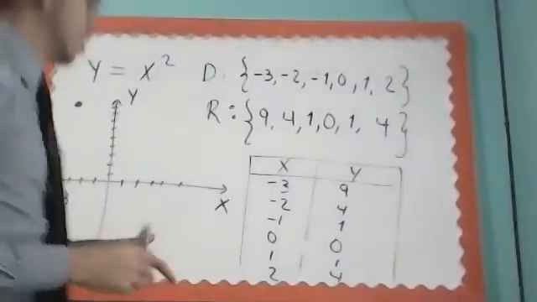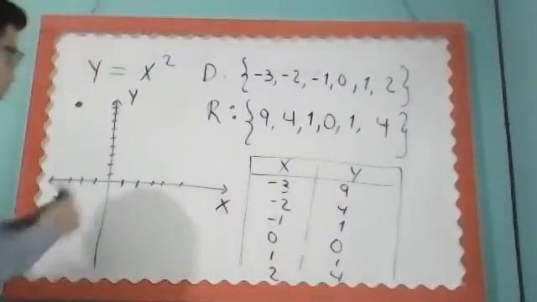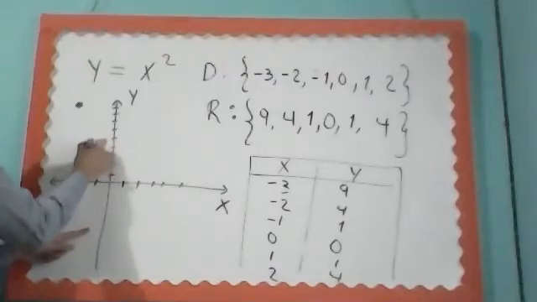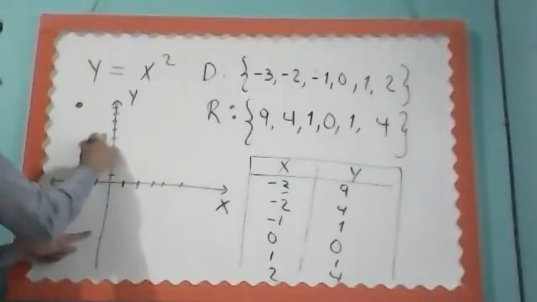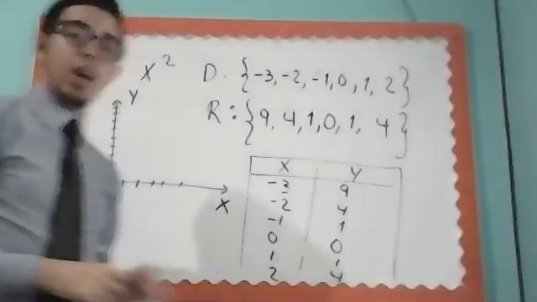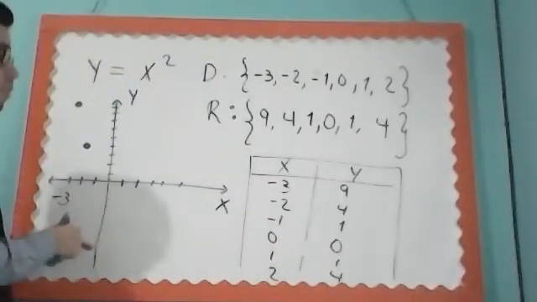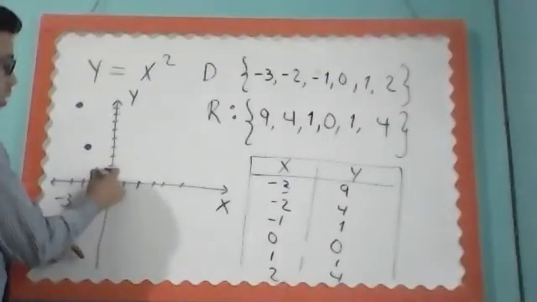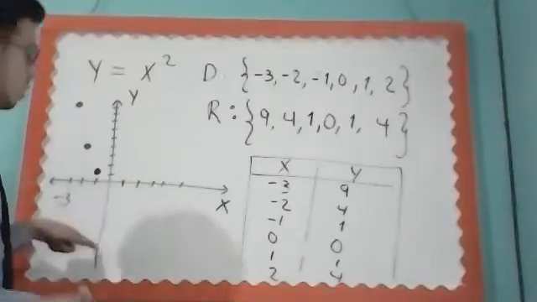Okay, the next one, when you have -2, you have 4: 1, 2, 3, 4. You have -1 and you have +1 for y. So when you are in here, you place the point.